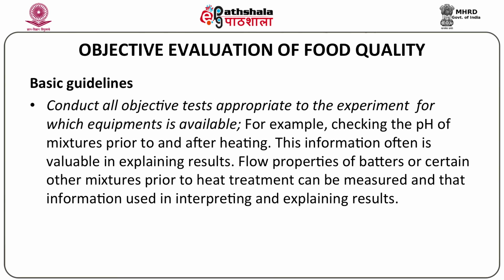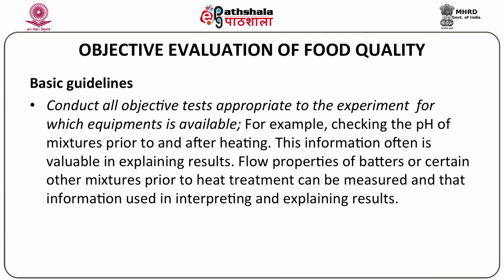There are some basic guidelines which have to be observed for the objective tests. Firstly, you have to conduct all the objective tests appropriate to the experiment for which equipment is available. For example, checking the pH, or the hydrogen ion concentration, of mixtures prior to and after heating.